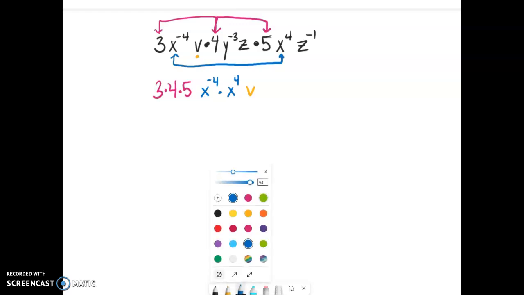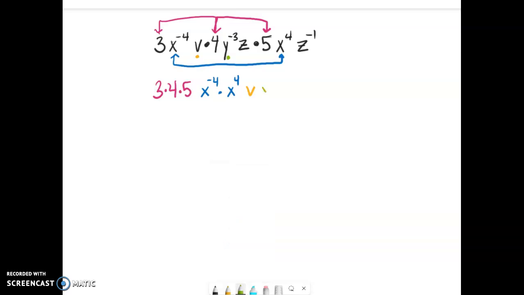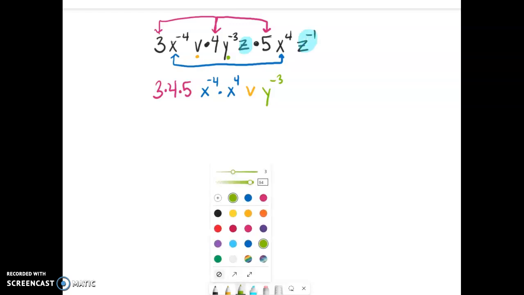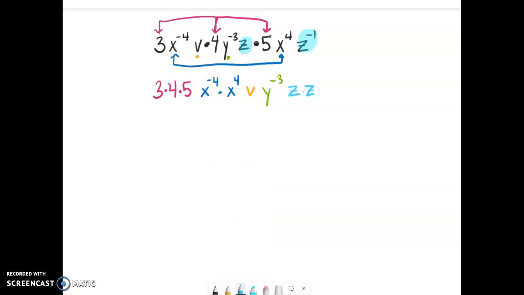And then I have y, and y doesn't have anything to combine with, so that's by itself also. And then I have z, and we got z here and z to the negative 1 here, so that will be z times z to the negative 1. All right, so let's work on simplifying now. We've got 3 times 4, well that's 12. And then 12 times 5 is 60.